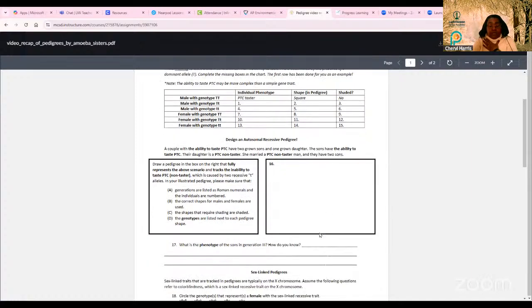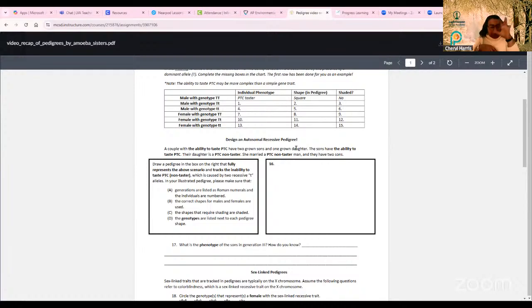And then the second step is that you're actually going to draw out, you're going to take a couple who has the ability to taste PTC, and they have two grown sons and one grown daughter. So you're building a pedigree. You're going to start with the parents.